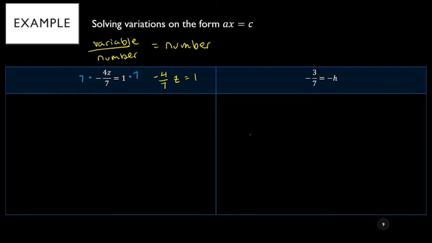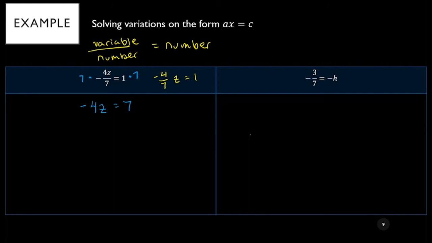That 7 cancels out with the 7 in the denominator, and we still have that negative sign. That doesn't go away. So we have a -4z, and then 1 times 7 is 7. This way you're getting rid of the fraction, and you don't have to multiply by 7/4. You're multiplying by 7, and now you don't have a fraction anymore.